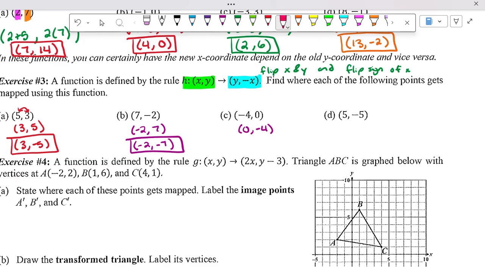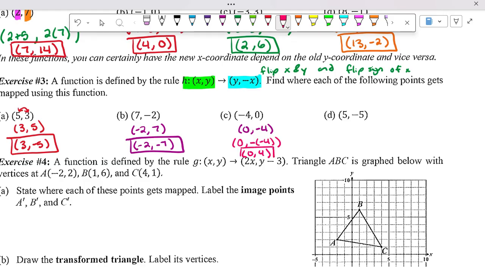Make the 4 positive. So that's why I said flip the sign, not just make it negative. Because technically what we're doing is 0, negative times negative 4. What's a negative times a negative? Positive. Technically we did make it negative, but in reality we had to flip the sign.